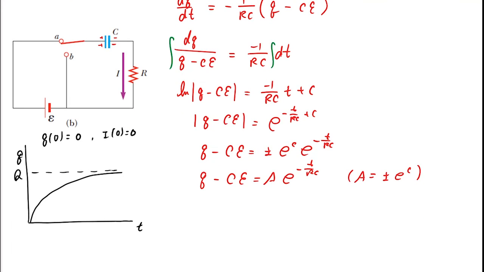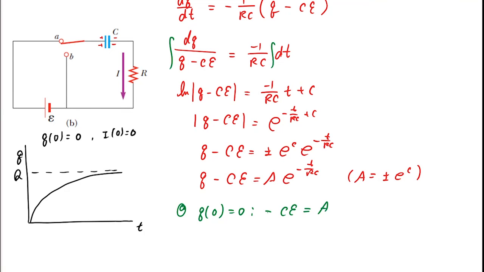Okay, initial condition. What is our initial condition? At t naught, q is 0. Then the left-hand side becomes negative CE, and on the right-hand side, plug in 0 here, so we have A. A is equal to negative CE.